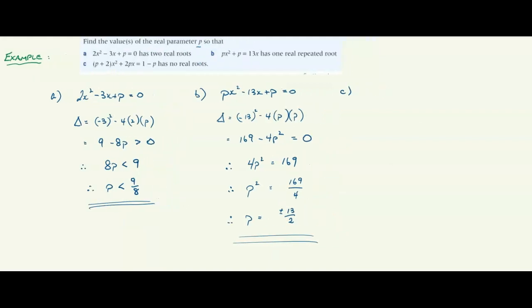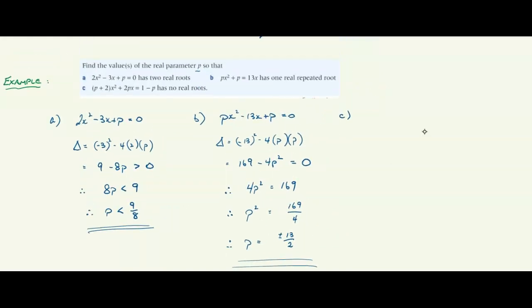Okay, in part C, my discriminant here, I need to firstly, p plus 2 x squared plus 2px plus p minus 1 equals 0. So my discriminant equals b squared. Now my b is 2p here, so it's 2p squared minus 4 lots of a, which is p plus 2, lots of c, which is p minus 1. That's a p minus 1 there. p minus 1 for my c.